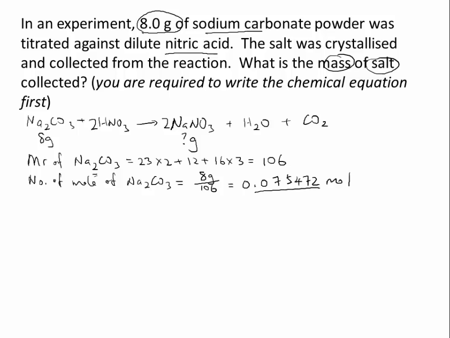At the moment, I keep the long decimal string so that I can get a more accurate result at the end. So from the equation, 1 mole of sodium carbonate gives you 2 mole of sodium nitrate.